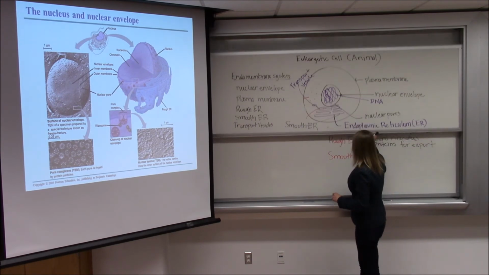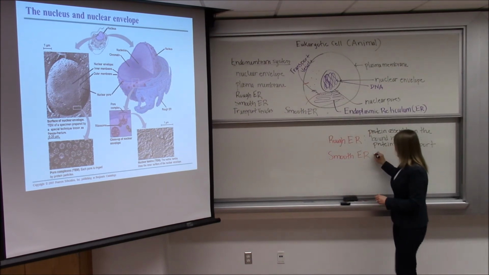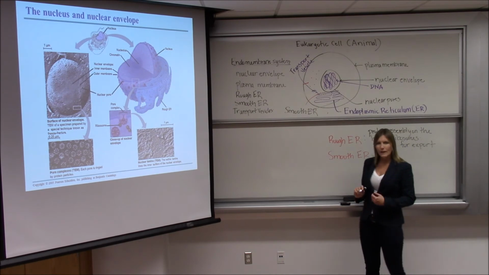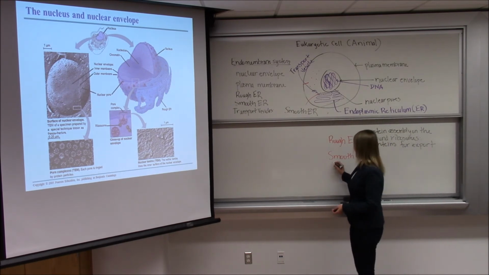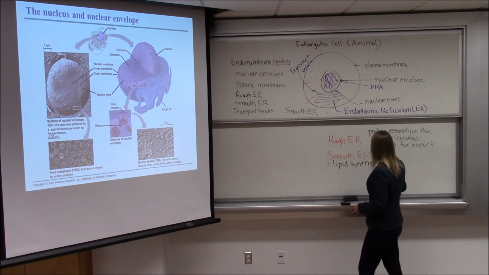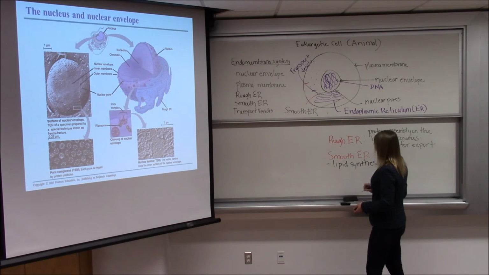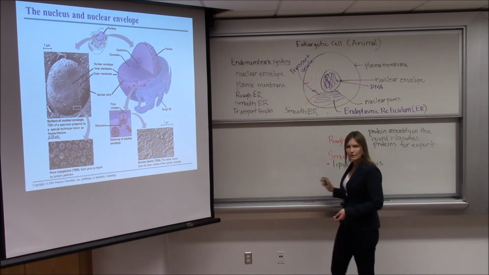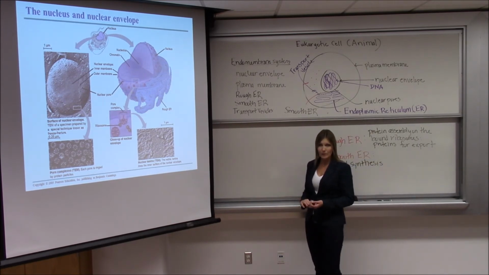The smooth ER is involved in some very important processes in the body. One thing it's involved in is lipid synthesis. And that would include phospholipids that we've already talked about, and it would also include the lipid-based hormones.